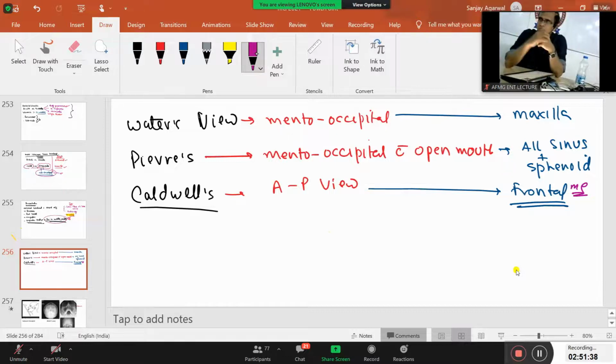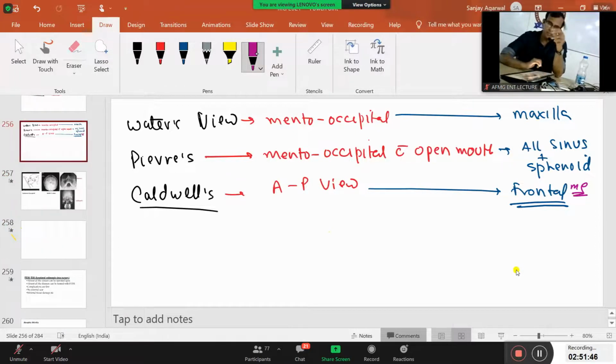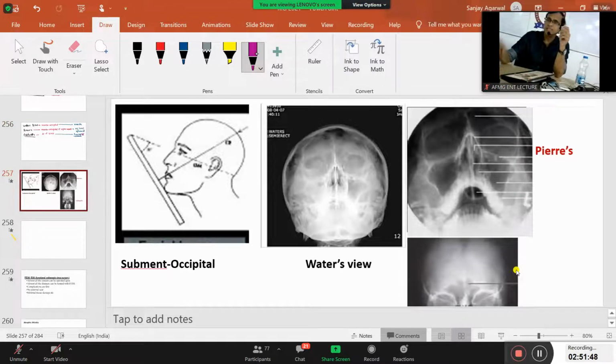So I'll show you the images of these views. How do the Waters view, PRS view, and Caldwell's view look? See, look at the first image. This is how mento-occipital view is done. Mentum to X-ray view. This is the mentum. और ये ऑक्सीपिट से रे आ रही है, मेंटो ऑक्सीपिटल व्यू इसलिए बोलते हैं.